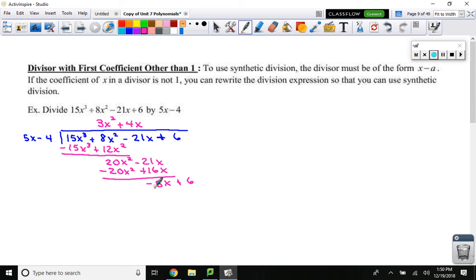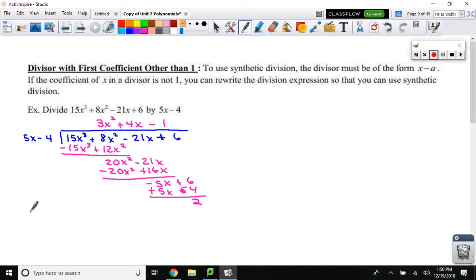What do I multiply by? Negative 1. This becomes negative 5x plus 4, change your signs, get a positive 2 remainder. Are we okay with that? See how it takes? Okay.